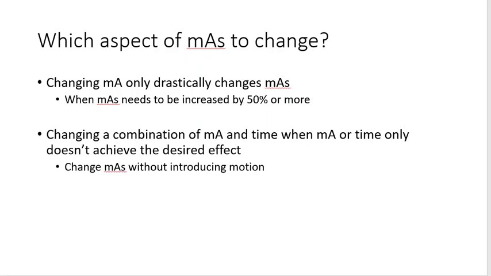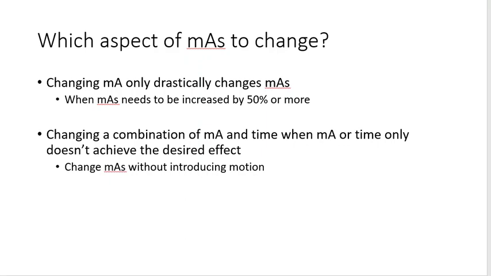So let's go back to some hypotheticals. When do we change kVp and when do we change mAs? Well, we said that if we've got a change in effective Z number, that is effective atomic number, then we want to change kVp. If we want to reduce patient dose, then we might want to increase kVp.